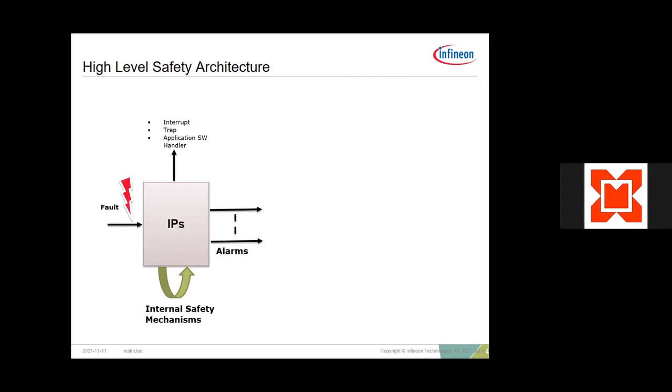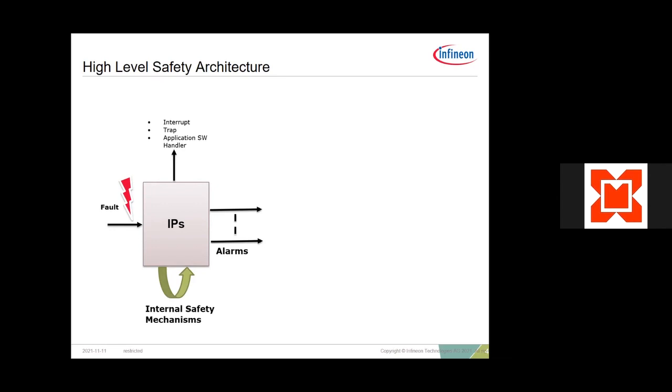These alarms are generated by the safety mechanisms whenever they detect faults in the mission logic performing a safety critical function. So when the related safety mechanism detects a fault in the mission logic, it passes this information through alarms.